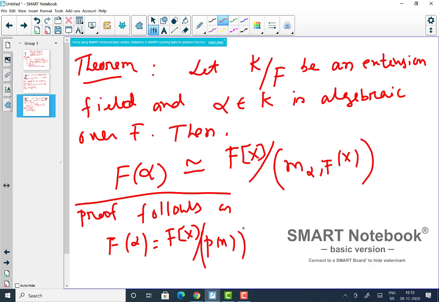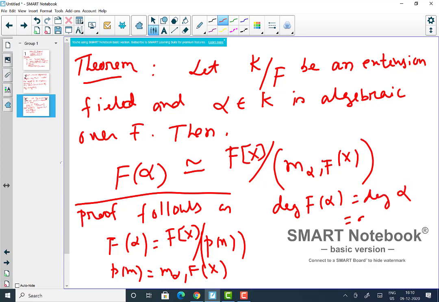Now in this case this p(x) is nothing but my minimal polynomial, which is irreducible over F. Not only that, you can also say what the degree of this F(alpha) is. Degree means the dimension of the vector space over F, and this is nothing but the degree of alpha, or the degree of m_alpha,F; all are the same. Clear? So obviously you can generate this by the minimal polynomial, and then you will have these simple extensions F(alpha) of F with alpha, right?